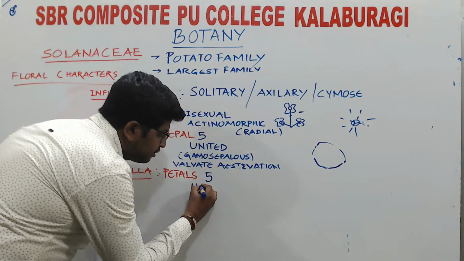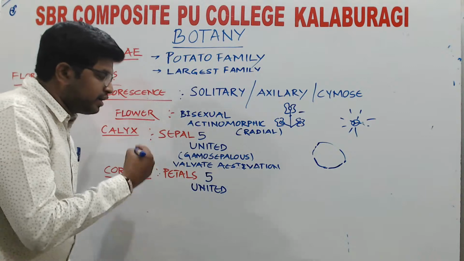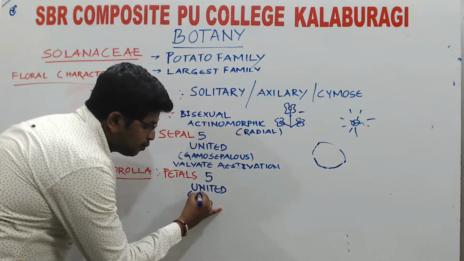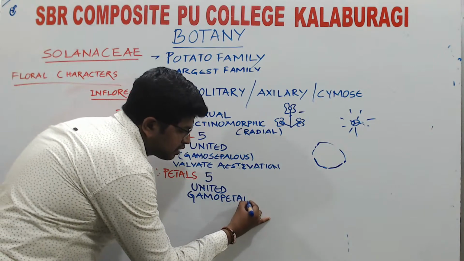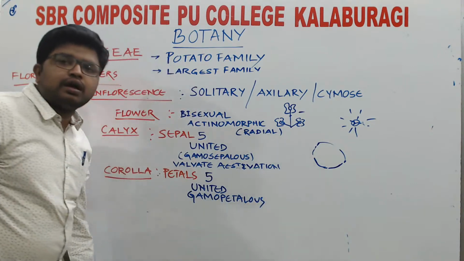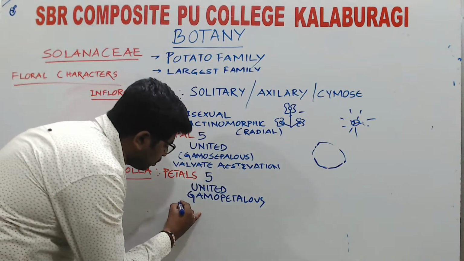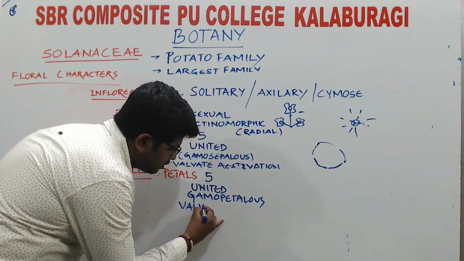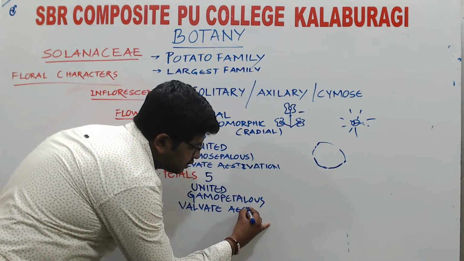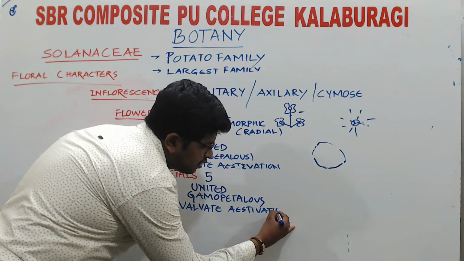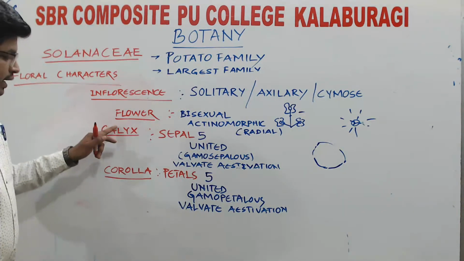Yes, they are united, and united petals we call gamopetalous. And what kind of arrangement do they follow? They also follow valvate estivation. Clear? Calyx, corolla.